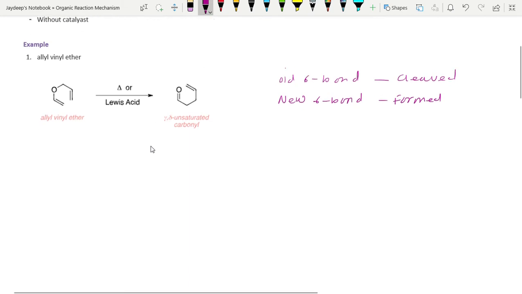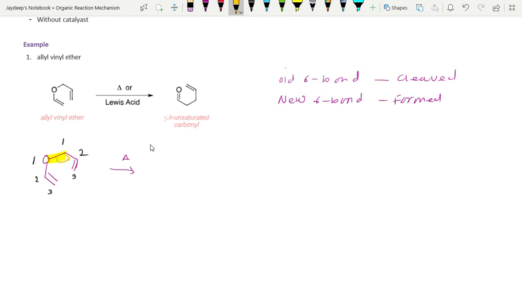So let us consider this example. Now this sigma bond is going to be cleaved. I'm going to number the system: 1, 2, 3, and again 1, 2, 3. Now the bond is going to be cleaved like that. The migration of the sigma bond takes place like that.